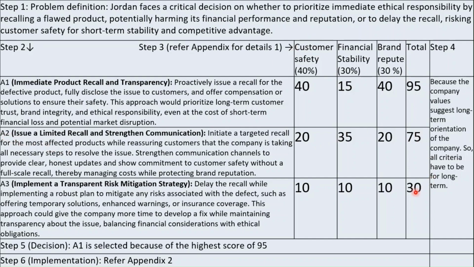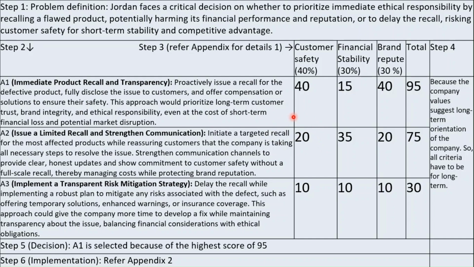So we have scored this based on the urgency and also the significance of doing it. Now, how do we know what is the significance? It is based on the fact that if you do not take that step, what is the consequence? Okay.